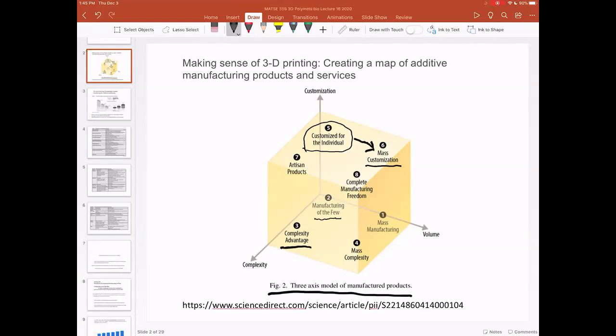So rather than braces, if you're doing a very specific cranial implant, or a tracheal implant, say for infants, you only need a few of those. There are lots more people that get braces than get tracheal implants. And so that's something to keep in mind. So we can place different biomedical products in this cube and think about how additive manufacturing plays in this sort of environment.